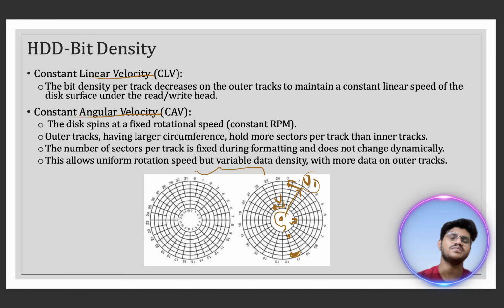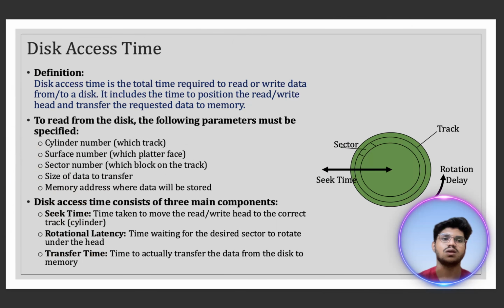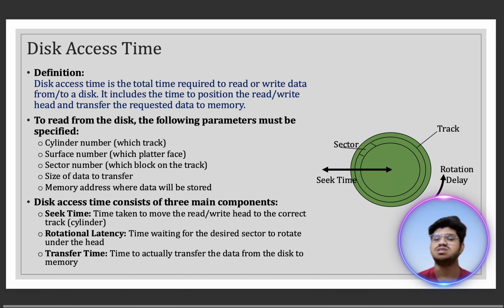Now about the disk's access time. As I already said in the first slide, if I want to access a particular sector, how will I access it? At first my read and write head should go to this location, and then the disk should rotate so that this part comes just below the head.